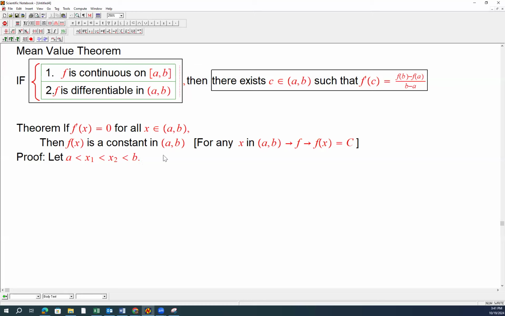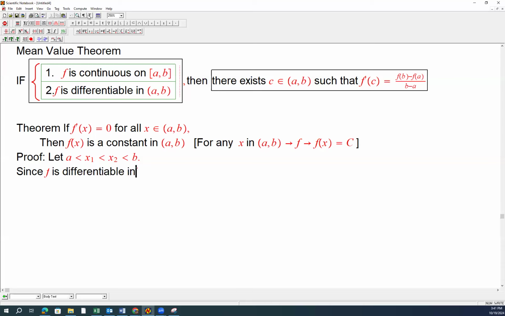Now we're going to have the following statement. Since f is differentiable, we know that if a function is differentiable, it's continuous, right?